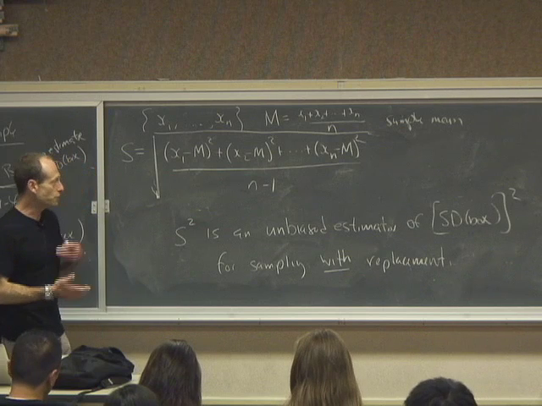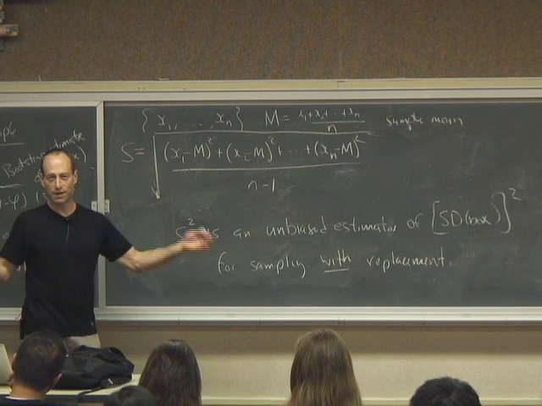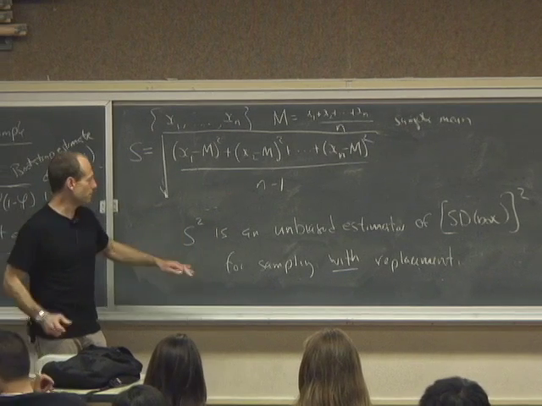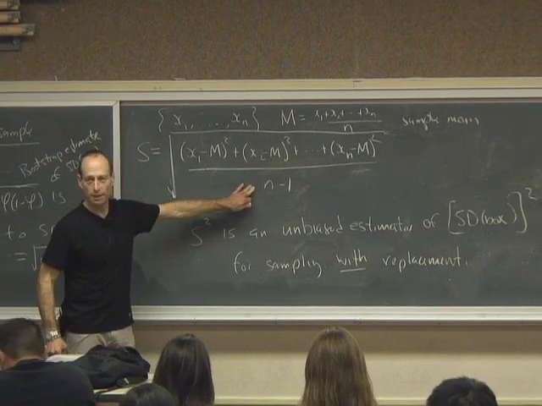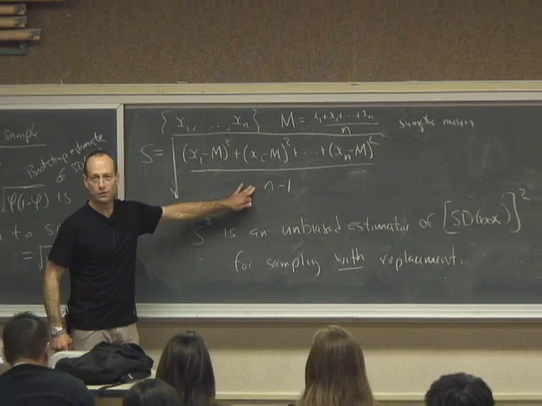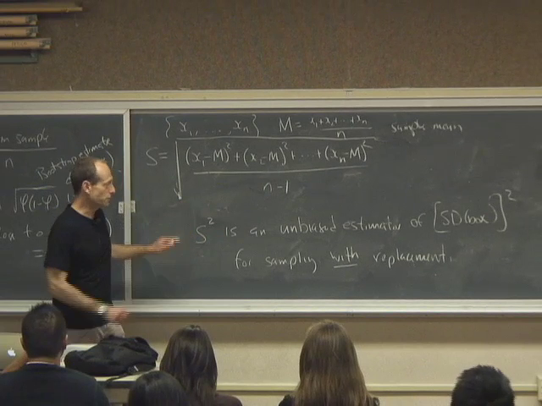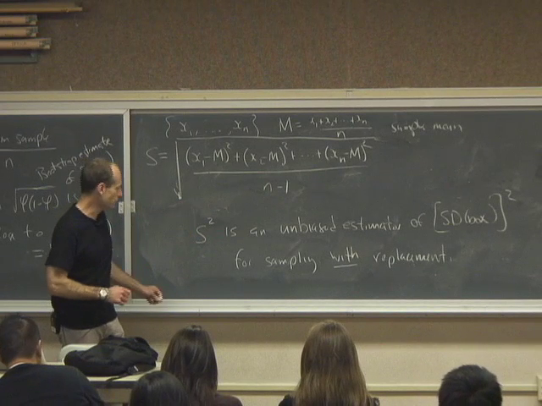And then we have the generalization of that to the bootstrap estimate for a box that has things other than zeros and ones. And then we have the slight variant of that, the sample standard deviation, which divides by n minus 1 instead of n before taking the square root. It tends to be slightly larger, and it has this funny characteristic that it's an unbiased estimate of the SD of the box squared.